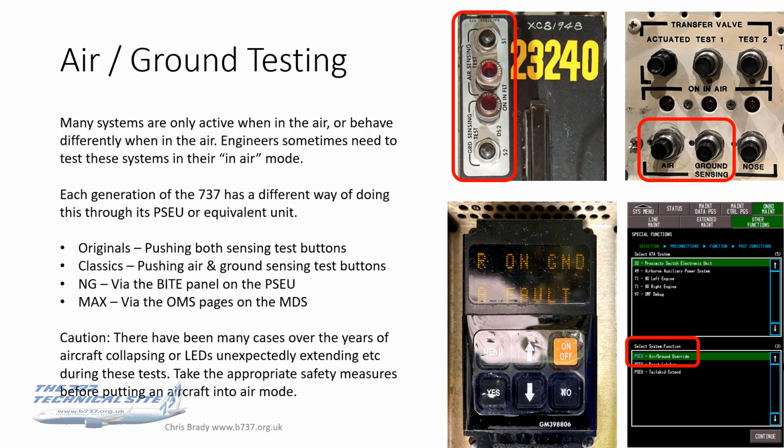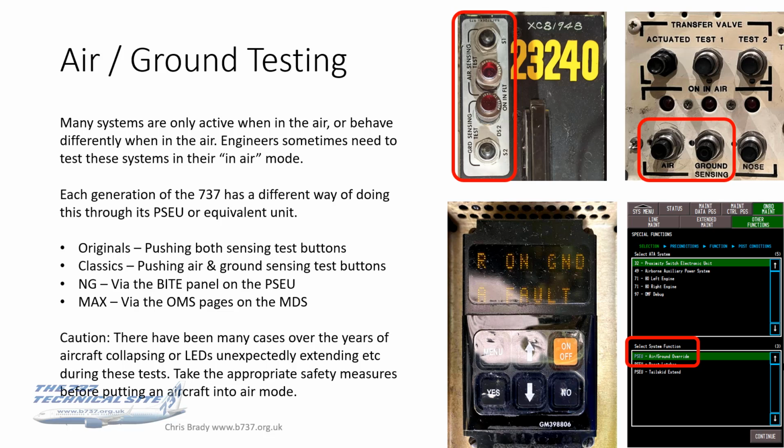Now, many systems are only active when in the air, or certainly behave differently when in the air. And engineers sometimes need to troubleshoot or test these systems in their in-air mode. So to do that, they have to fool the aircraft into thinking it's in flight. Now, every generation of the 737 has got a different way of doing this through its PSEU or equivalent older units.